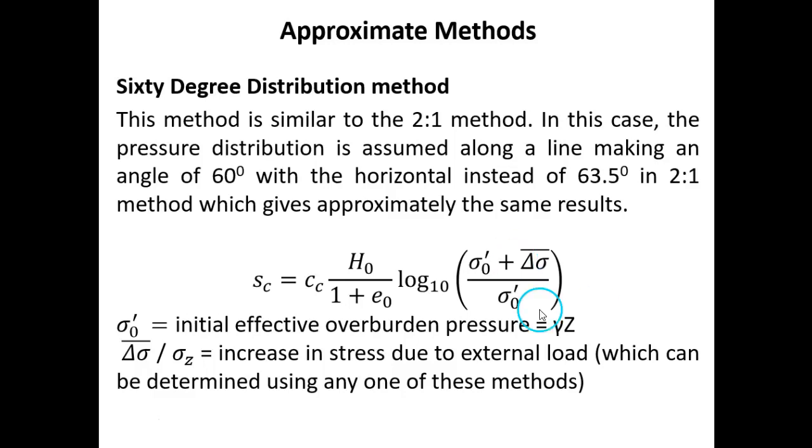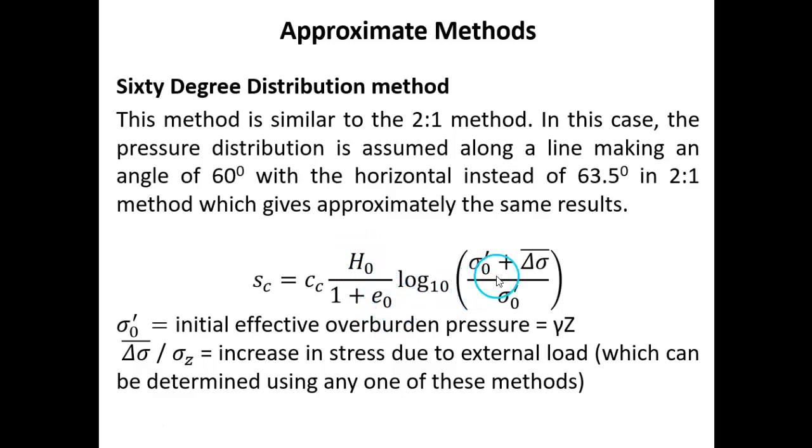If you take the settlement equation, where consolidation settlement equals Cc into H0 by 1 plus e0 into log to the base 10 of (sigma naught dash plus delta sigma dash) divided by sigma naught dash. Here Cc is the compression index which will be obtained from consolidation test data. H0 is the initial thickness of soil and e0 is the initial void ratio.